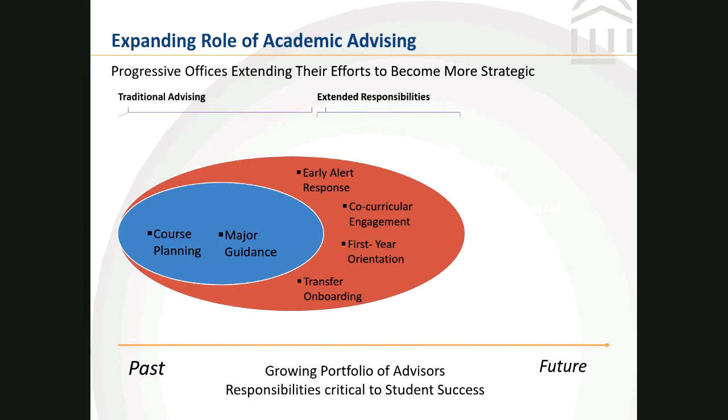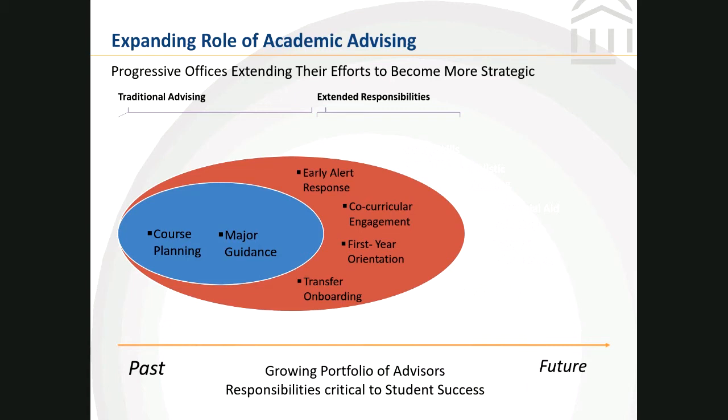Certainly our first-year group, there are a whole slew of transition challenges that first-year students often encounter. And so having a dedicated group of advisors who focus on the first year and helping them get oriented to campus. And then transfers. We know we're not retaining our transfer students to the degree that we would like to, and we also know that they're often graduating with 138 credit hours or more.